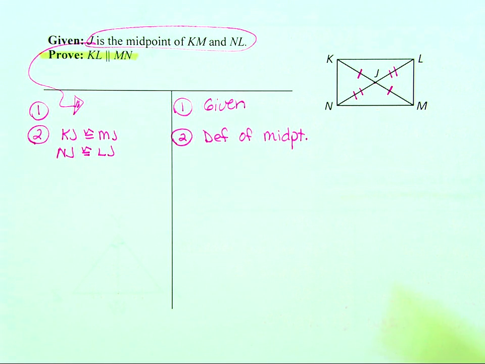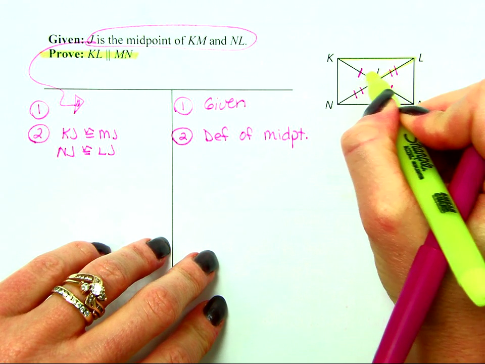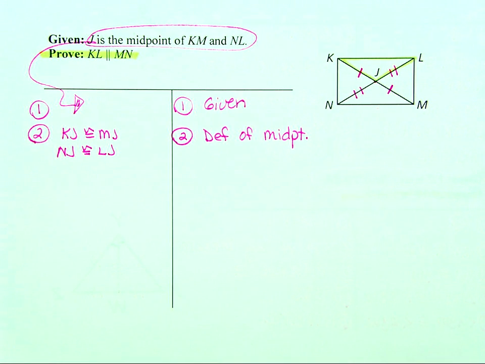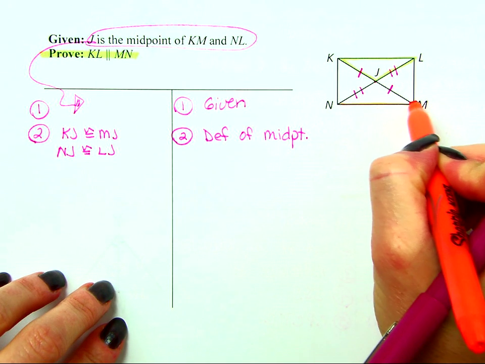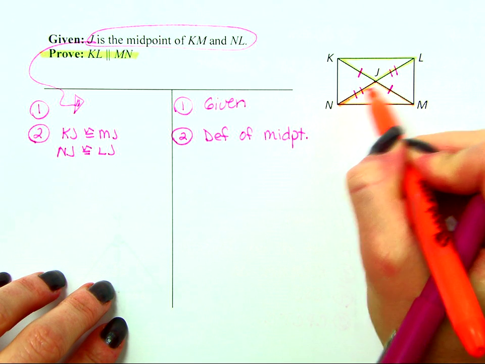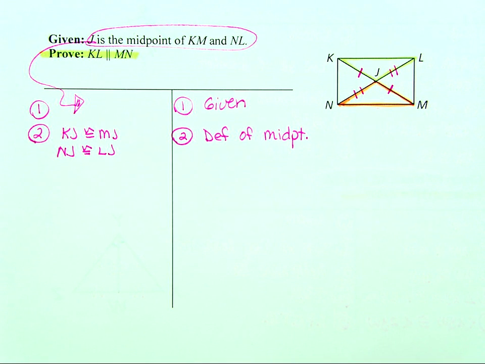So I'm just going to outline in here. I'm going to use this triangle and then the triangle on the bottom.